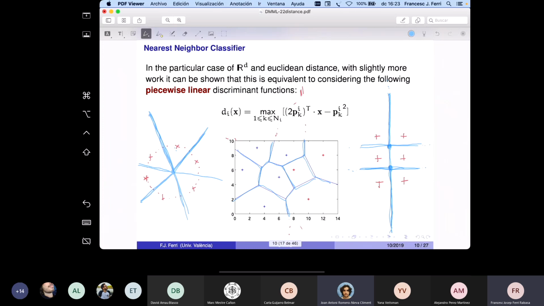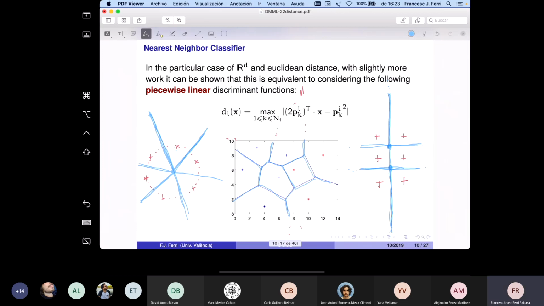One dimension. And what do we have here? These are piecewise linear functions. These are lines, several lines put together. The dimension of the Voronoi diagram in 2D is one-dimensional.